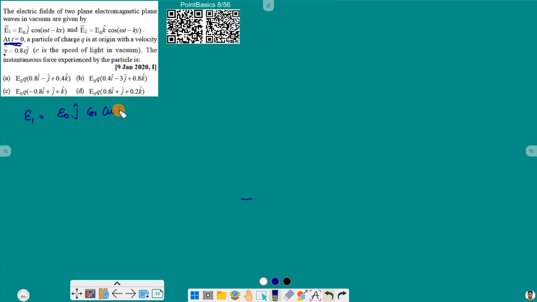cos of omega t minus kx. So here the wave velocity V1 is along the positive x direction, or positive I, and the electric field is along J. We know that V1 will be along E1 cross B1.